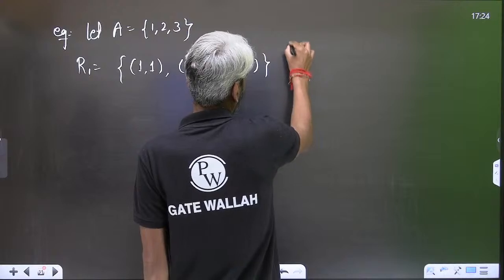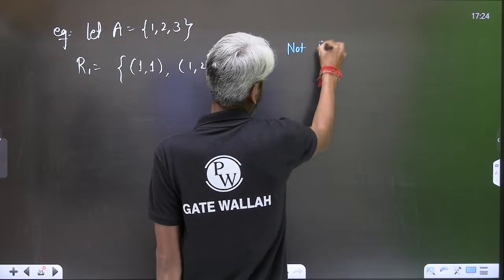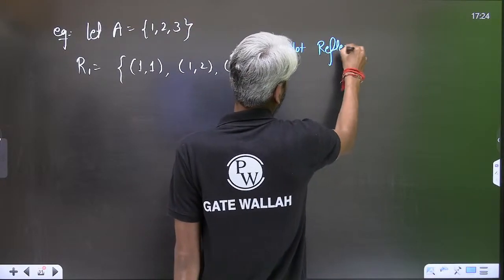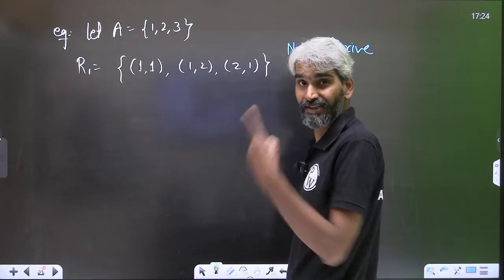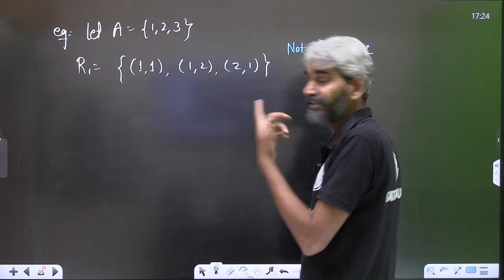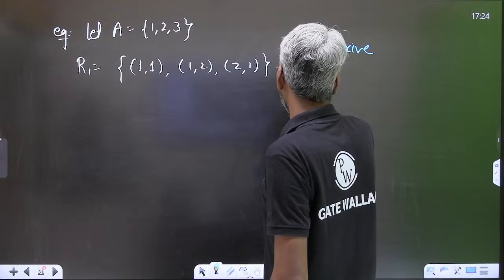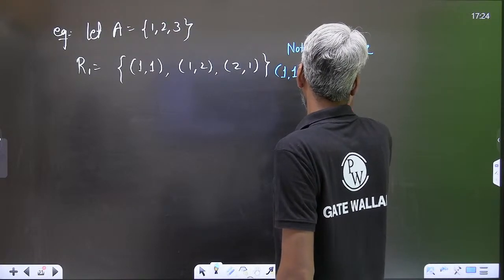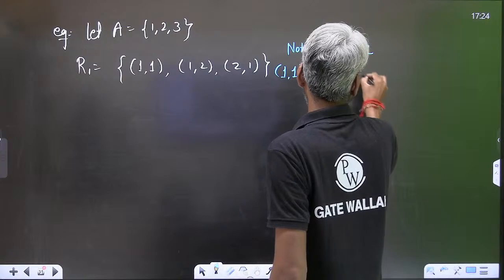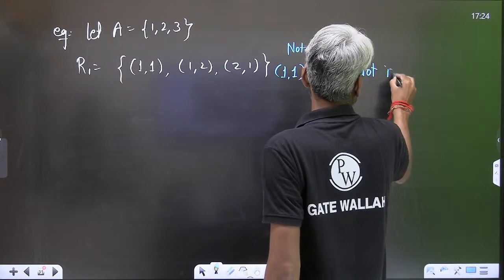No, sir, not reflexive. Obviously not reflexive because (2,2) and (3,3) are not present. Is it irreflexive? (1,1) belongs to R1. Therefore, not irreflexive also.